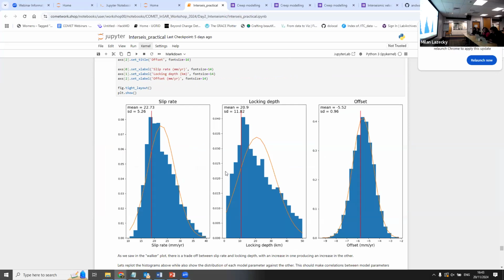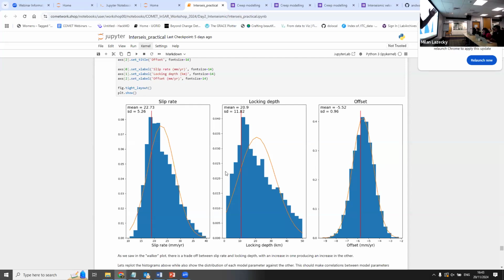Sometimes, based on my experience, if you set your space, for example, the real slip rate is 10 millimeters per year, but your space is from 0 to 40, it means that the best fitting parameter for this slip rate is 10, but your space is not symmetric.